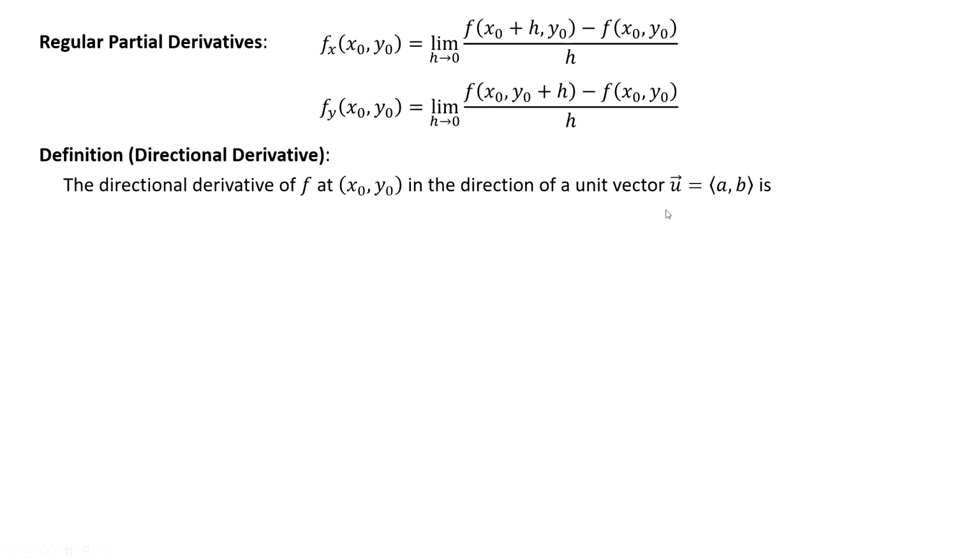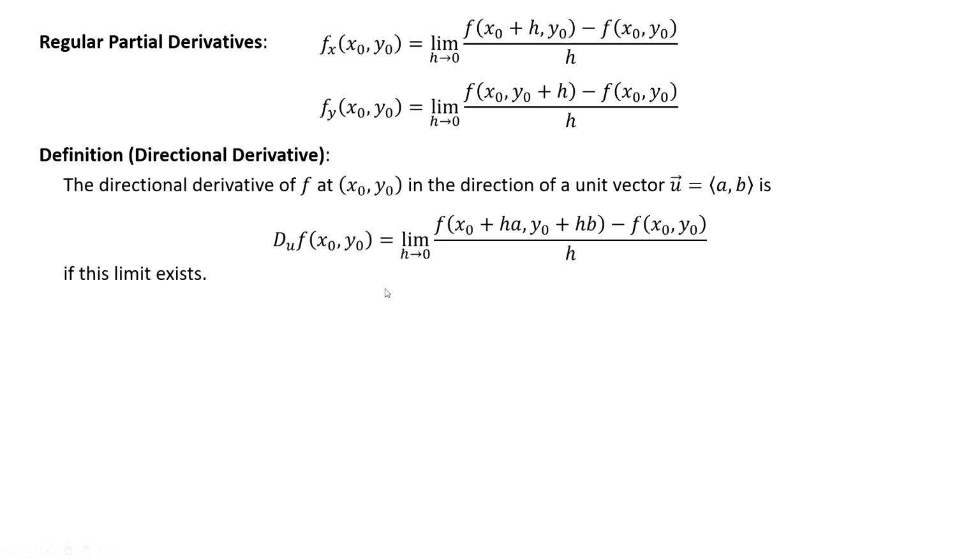Is this beginning to make sense? Not the x or y direction, but some direction given by the unit vector u. What would that be? Well, you call that uppercase D sub u to indicate, hey, I'm taking a directional derivative in the direction of u of this function f at that point x sub 0, y sub 0. What is that given by?